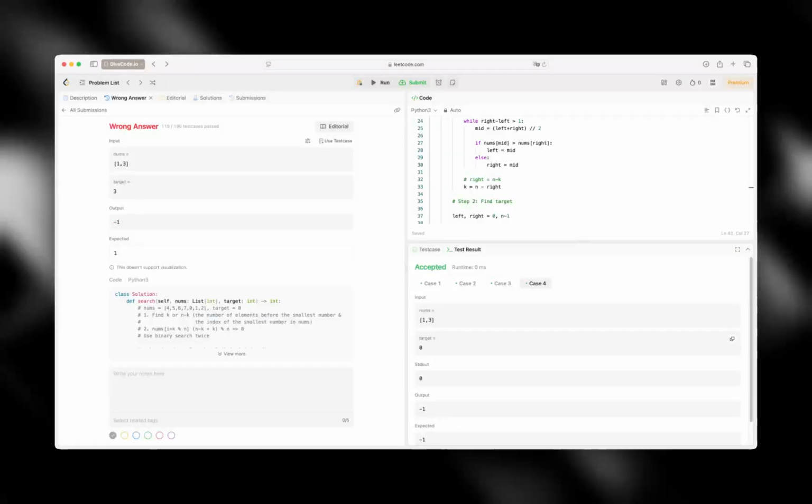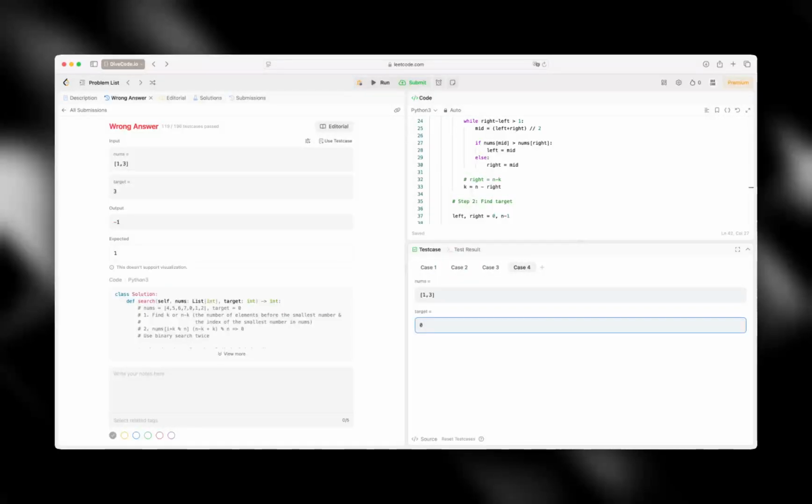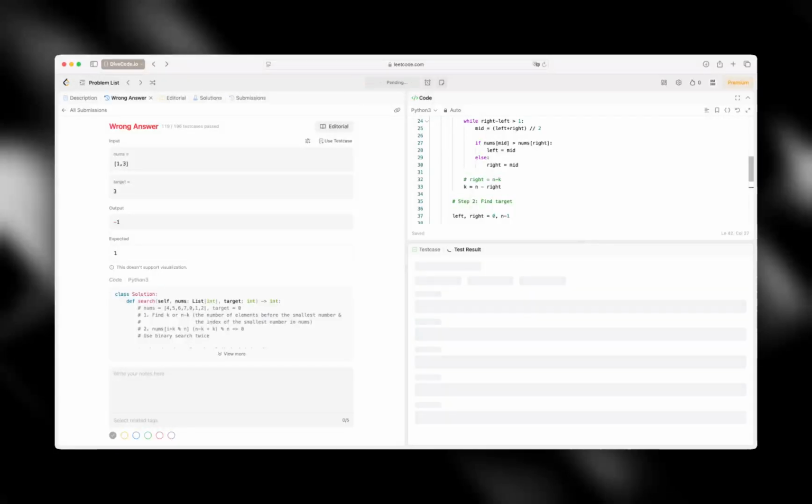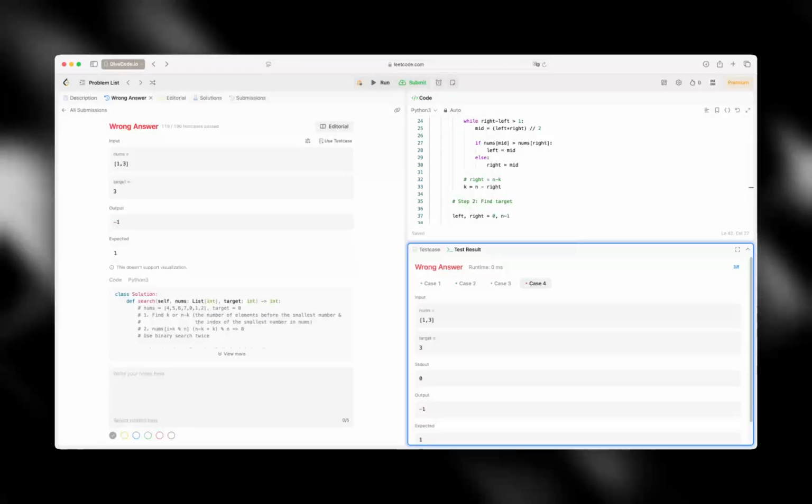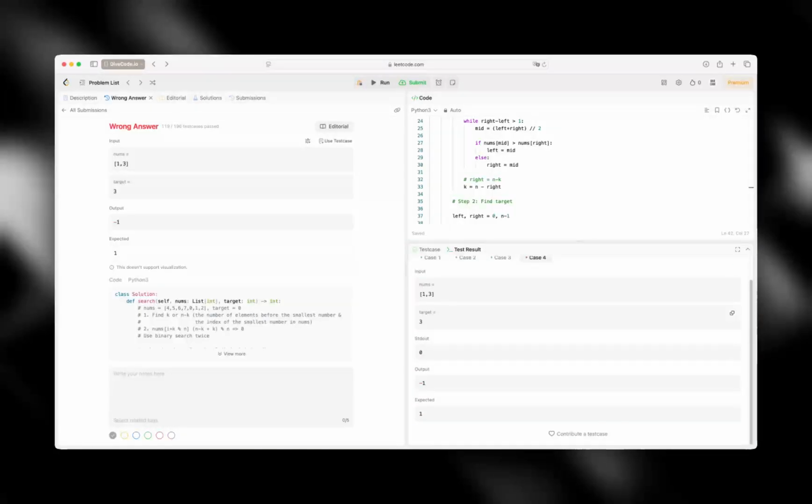Oh, sorry, the target is different. Let's run this one. This is where we do have the error. Yes. And we can see here, what did I print out?